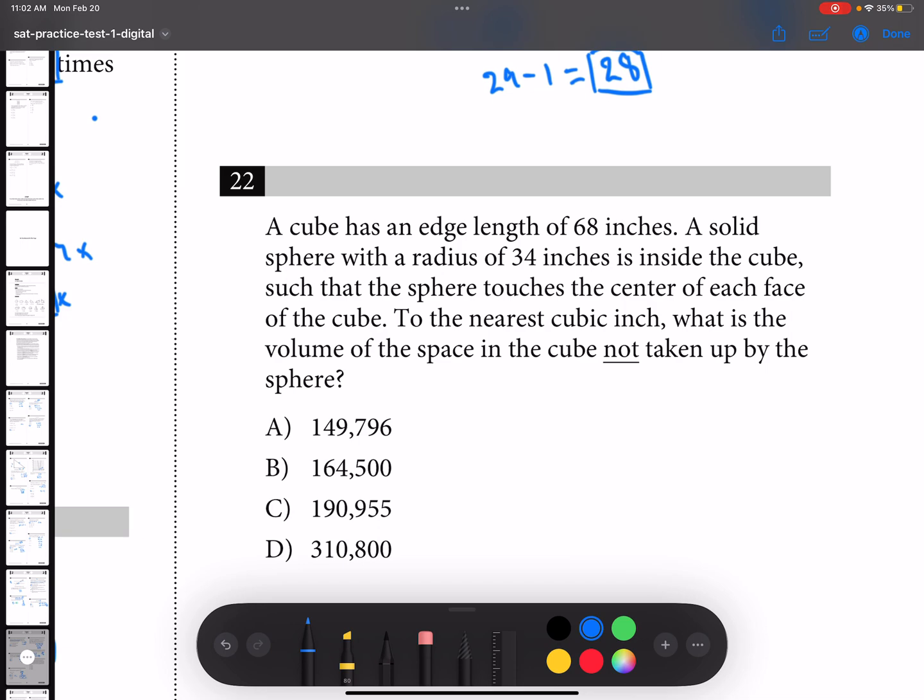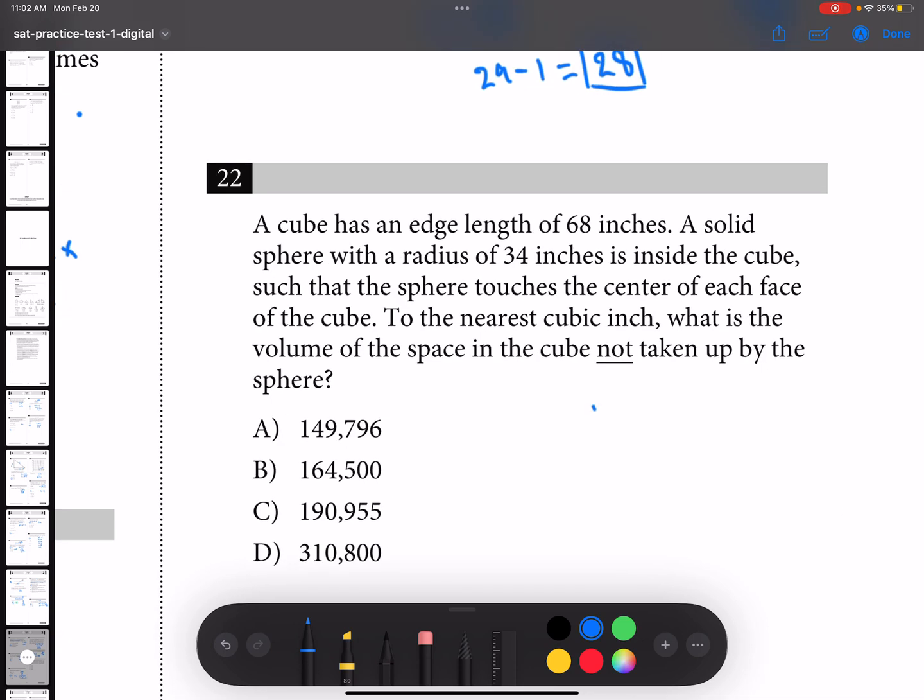So first off, for the cube, edge length is 68. So the volume for the cube would be 68 cubed. And that's about 314,432. So that's our volume for the cube.